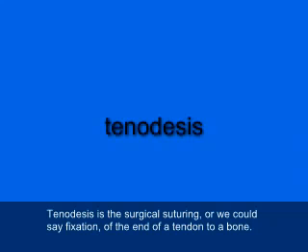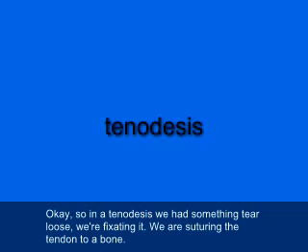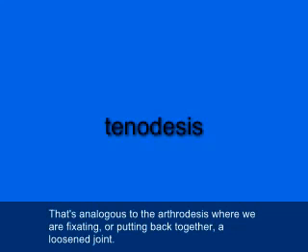Tenodesis is the surgical suturing, or we could say fixation, of the end of a tendon to a bone. Okay, so in a tenodesis, we've had something tear loose, we're fixating it, we're suturing the tendon to a bone. That's analogous to the arthrodesis, where we're fixating or putting back together a loosened joint.